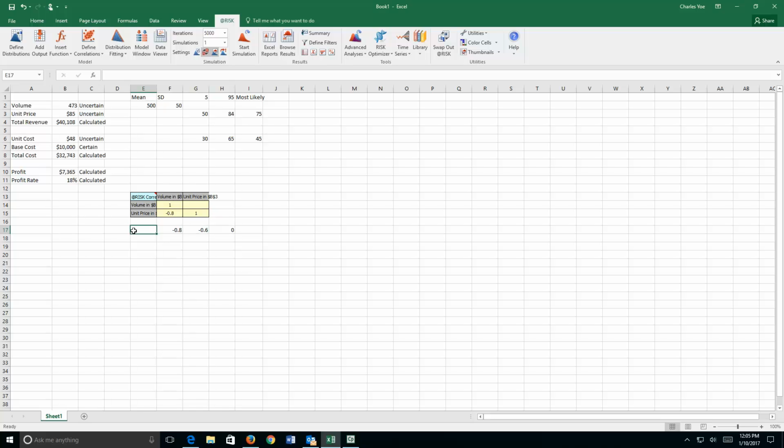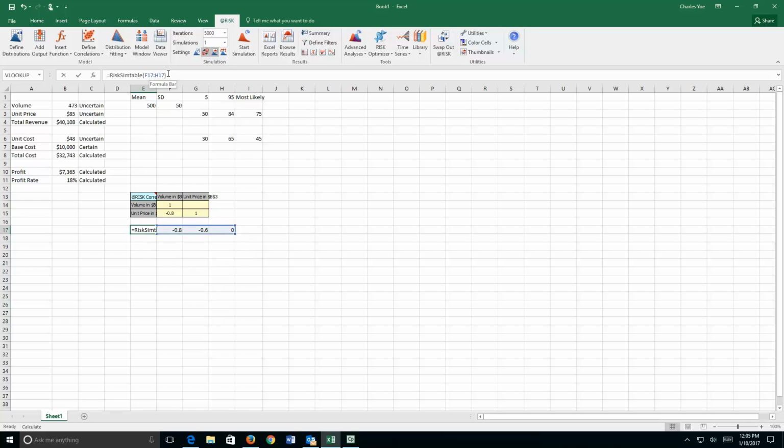In this cell here, I'm going to enter a risk sim table. And I'm going to indicate that you should use these 3 values that I just identified in this sim table.